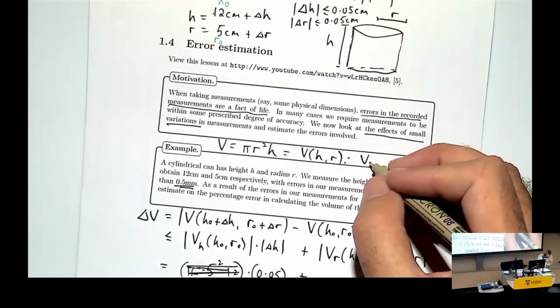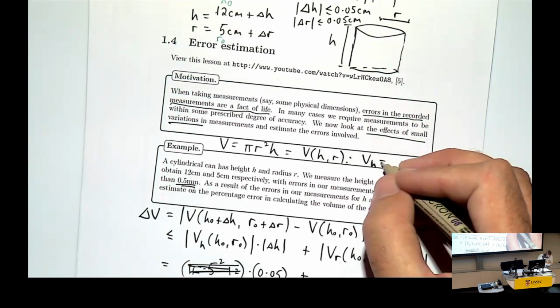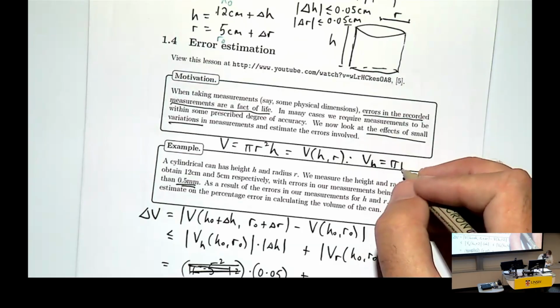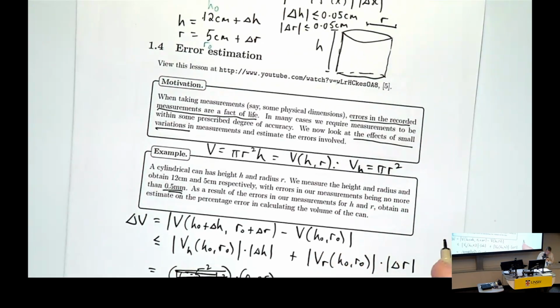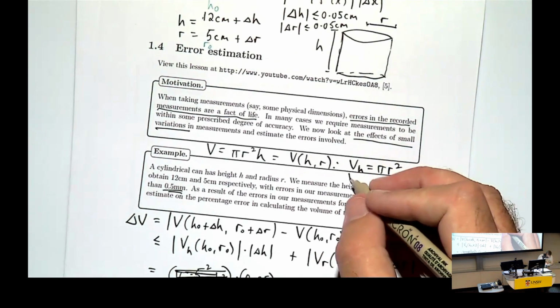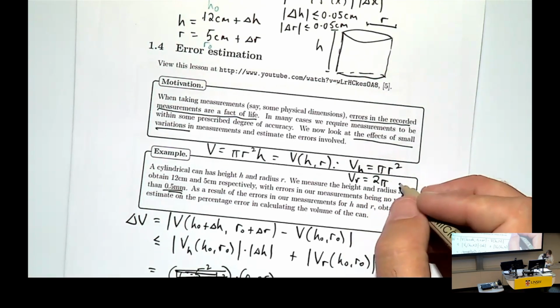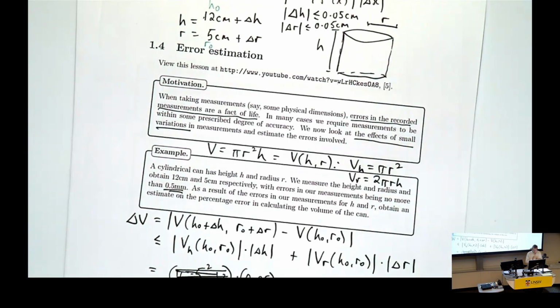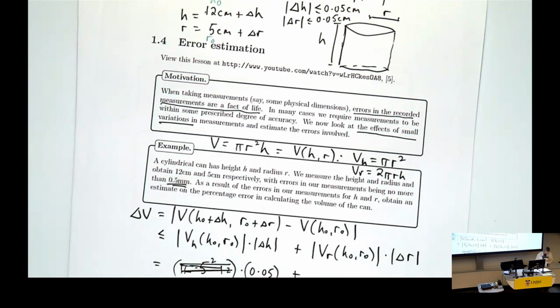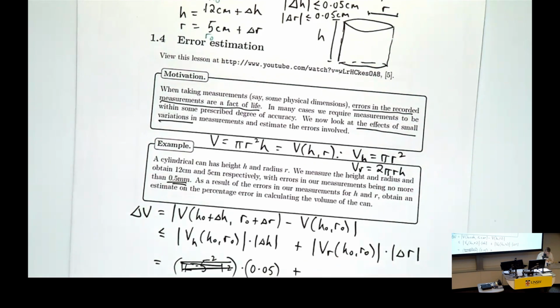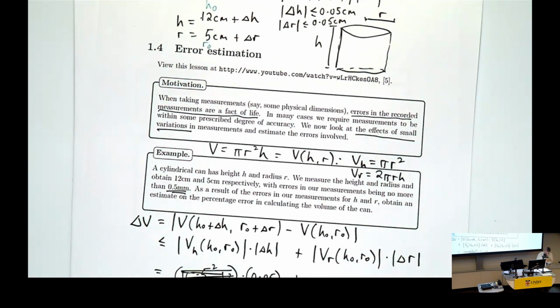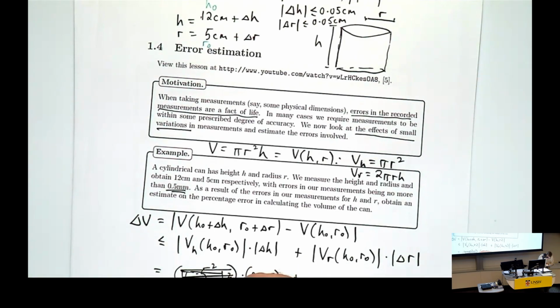So V sub H is going to be pi R squared, right? V sub R is going to be 2 pi RH. Yep. So, did I do that correctly? Yeah, I shouldn't have had that 12 in there.